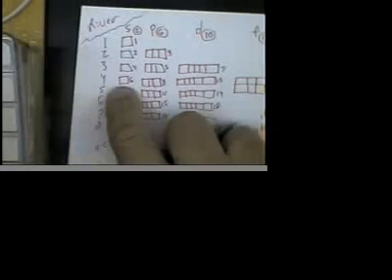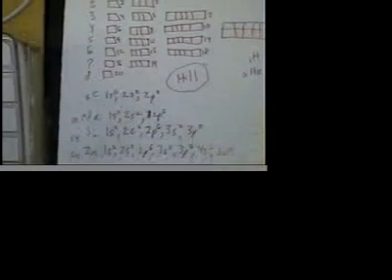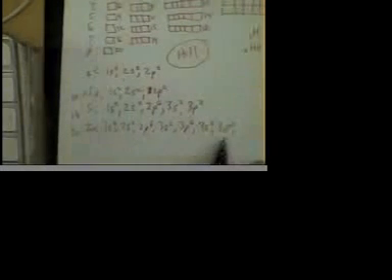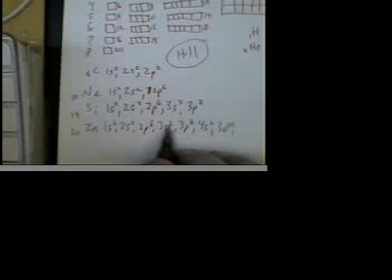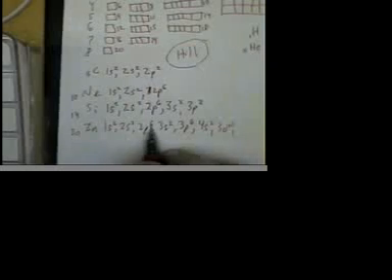After the 4s2 fills, then the 3d fills. So we've got 10, 18, and 2 is 20, 26, 28, 30. So that's the electron configuration for zinc.